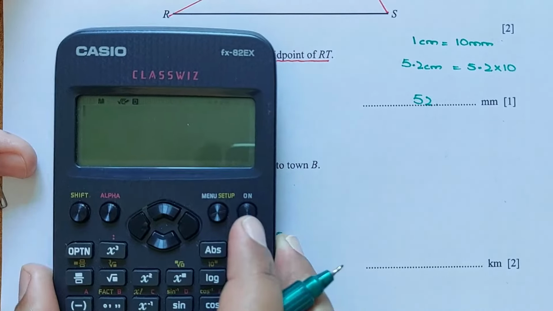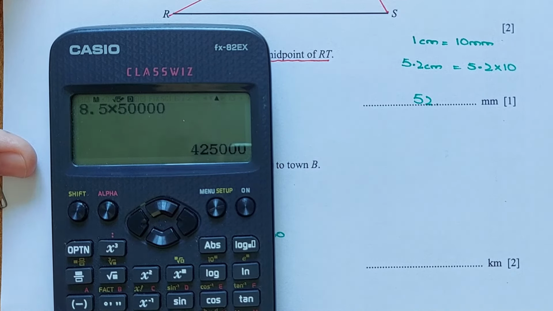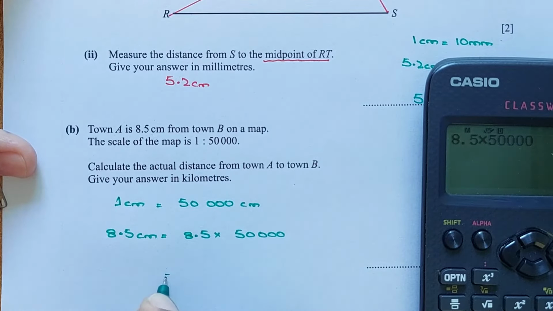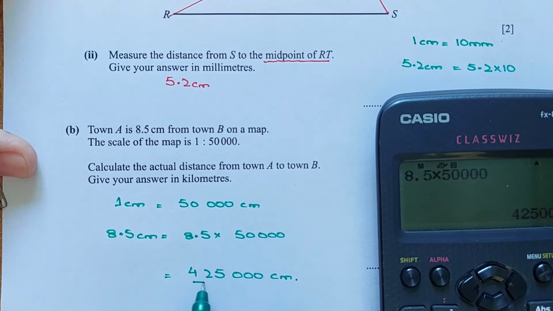So that is going to be 8.5 times 50,000. 425,000 centimeters. We have to find the answer in terms of kilometers.